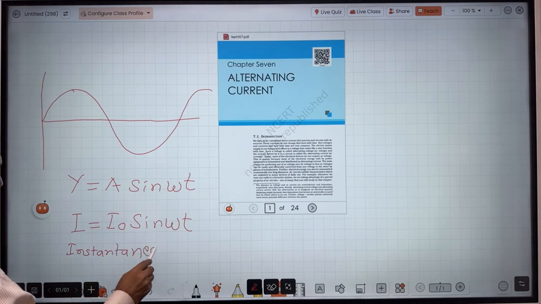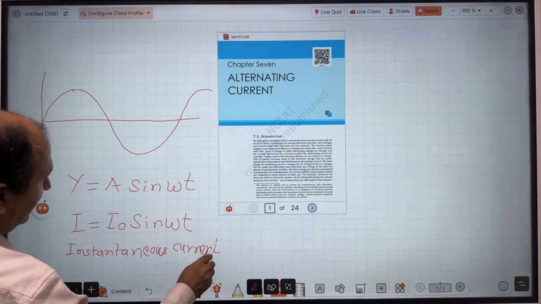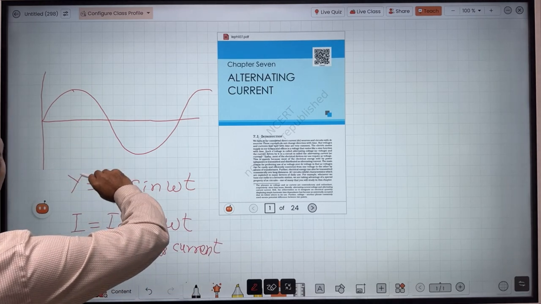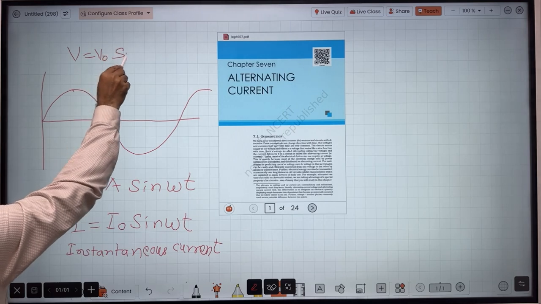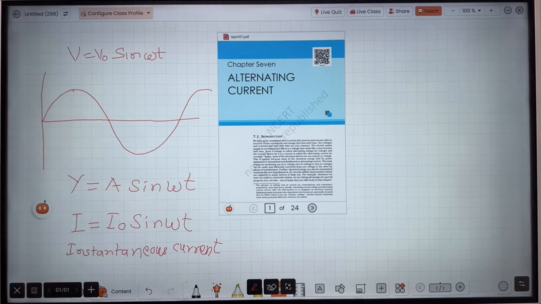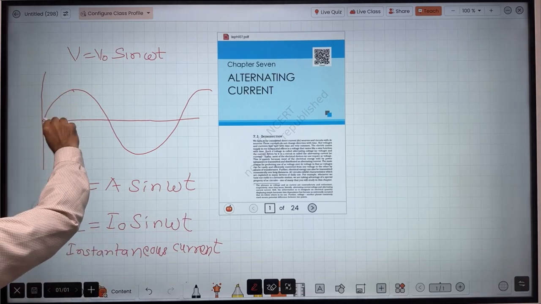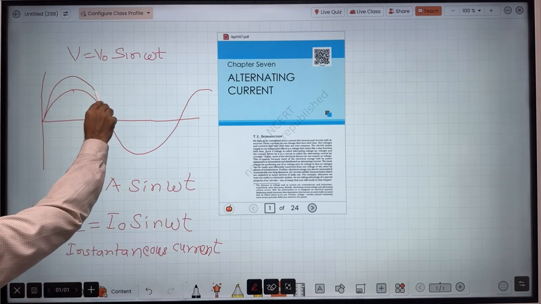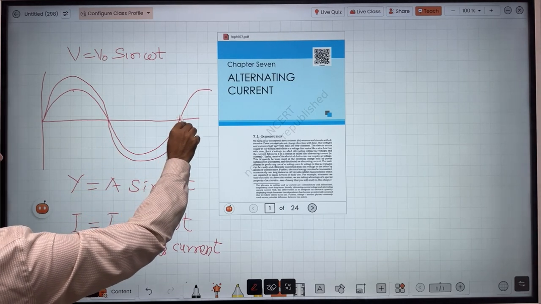Instantaneous current means the current at any instant. And if we write voltage also, we write V equal to V0 sine omega t. Here V0 will be the peak voltage. So if this graph represents current, voltage will be similar, but its value will be a little higher, right?